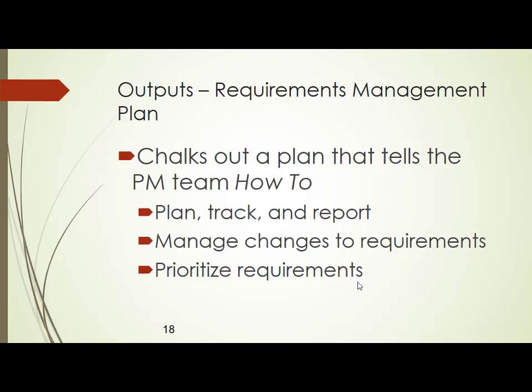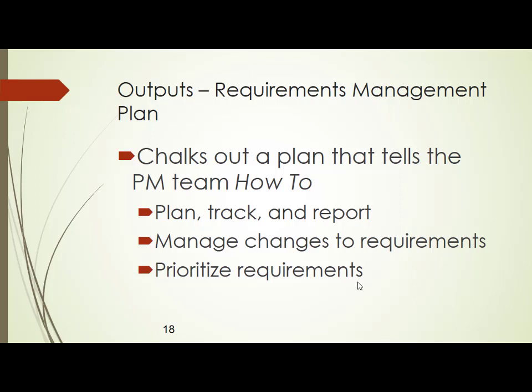A stakeholder has given you some requirements, and you have documented them. Tomorrow his requirement may change due to some reason. If there is a change in the requirement by the stakeholder, how are you going to manage that change? What is the plan to manage that particular requirements change? That is also mentioned in the Requirements Management Plan.